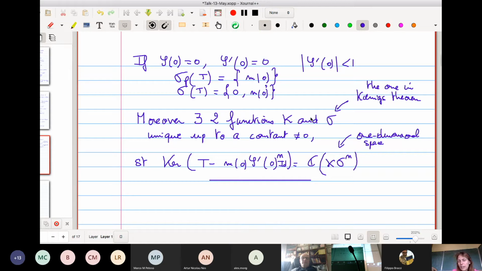Well, sigma, we know what it is just because it's the one in Koenigs' theorem. And kappa, I will give, because we will prove the point spectrum and we will see where kappa appears. I see. And it's really associated with the weight and the symbol. I see. Thank you.